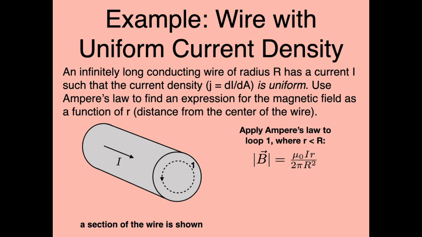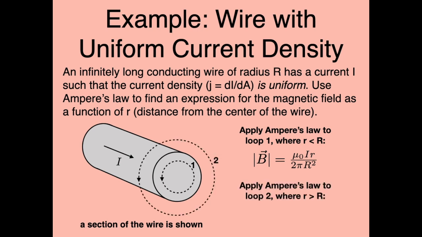So the next thing we want to do, if we want to understand what the magnetic field looks like outside of the wire, is put another Amperian loop. This time the radius little r of that loop is bigger than capital R, which is the radius of the wire, so we're outside now. And again, we're just going to apply Ampere's law and solve for the magnetic field outside of the wire. So let's work that out.